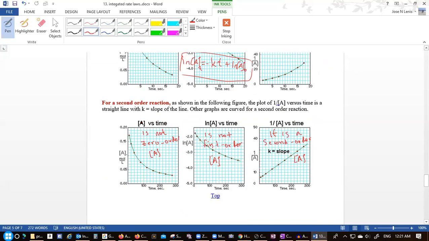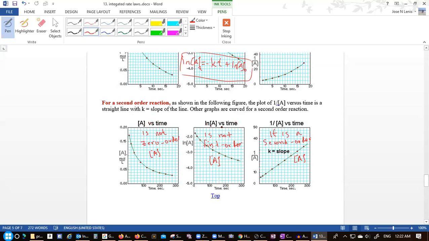This graph, concentration of A against time, is what you need to look at. Do I have that? Yes, concentration of A against time. That will give you the confirmation of whether or not the reaction is zero order.